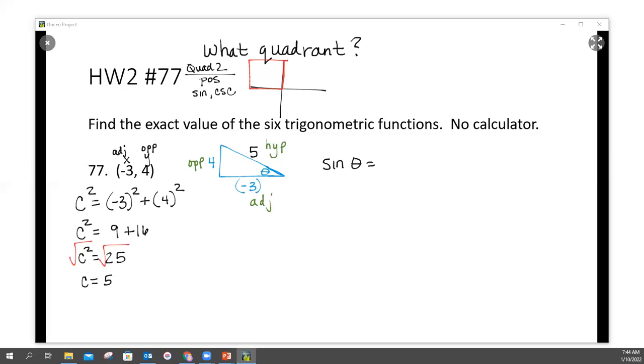So sine is equal to opposite over hypotenuse, which is 4/5. And then let's do the sister, which is cosecant, which is 5/4. Those are the only 2 that should be positive, because in quadrant 2, that's all that's positive. The other 4 are going to be negative. We have to put a negative sign in with it.